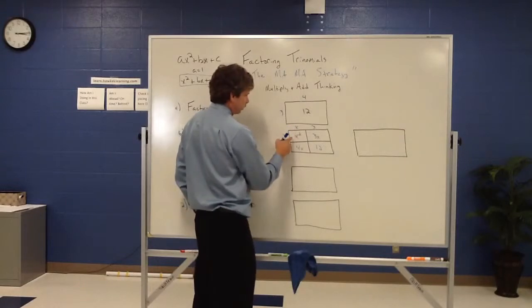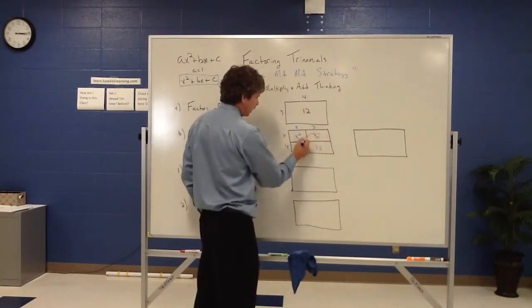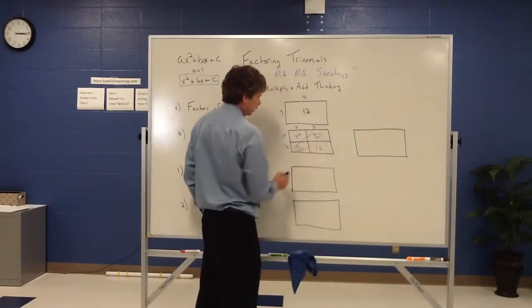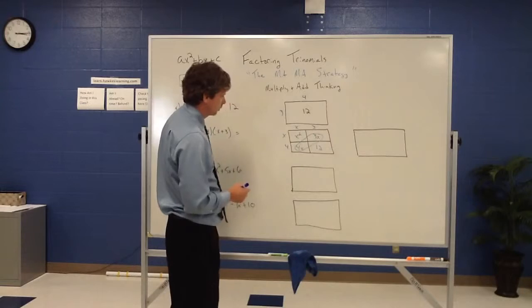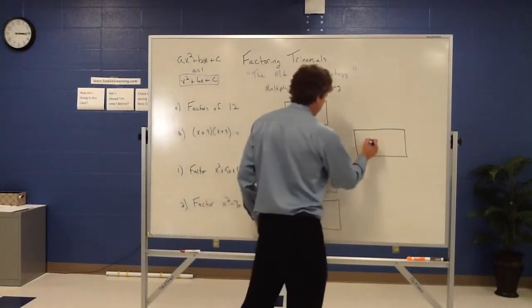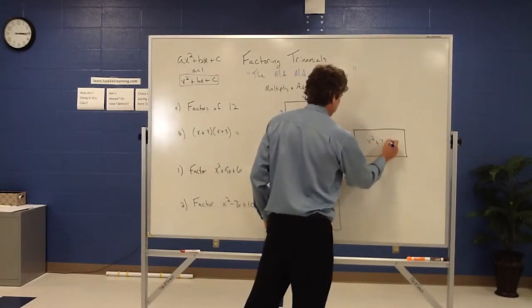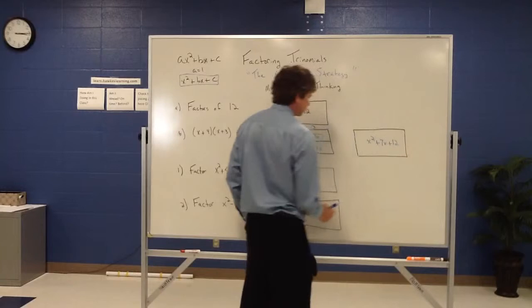Because x times x is x squared, 3 times x is 3x, 4 times x is 4x, and 4 times 3 is 12. And remember, these two guys kind of get added together to get the 7. It's going to actually be a 7x there. So this actually becomes the x squared plus the 7x plus the 12.